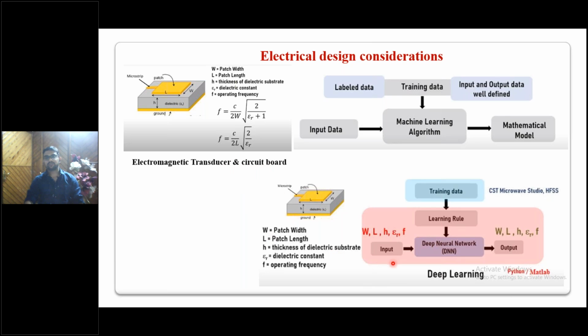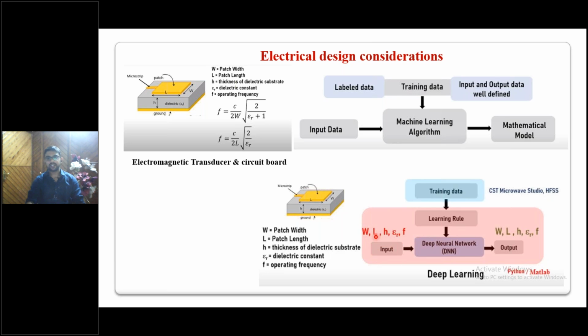Now as we know, our deep learning model works very well if we provide a solid number of training data. Our deep learning model will work very well if we provide the right set of training data. Once we give this training data to some machine learning algorithms, and if it can give us a very good mathematical model, then if we apply this in the deep neural network, we can expect that we'll get some optimized output, provided we give these input values.